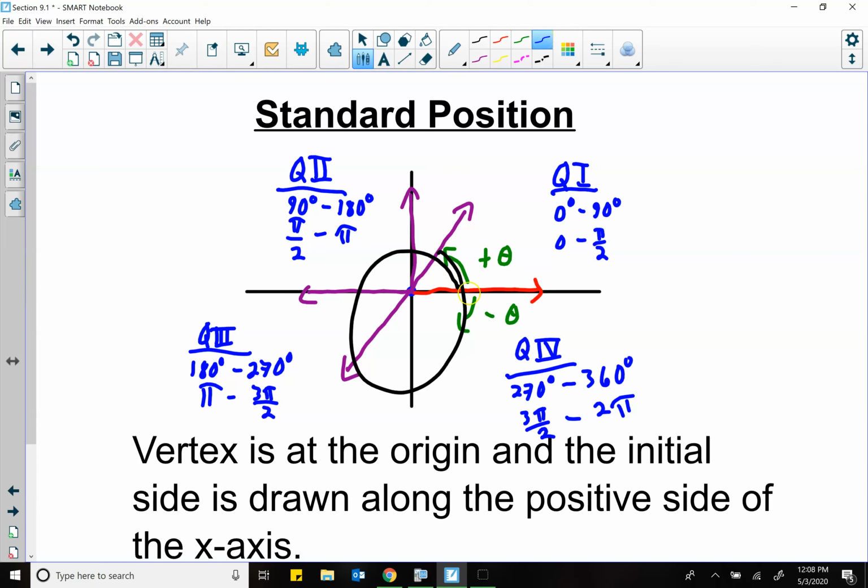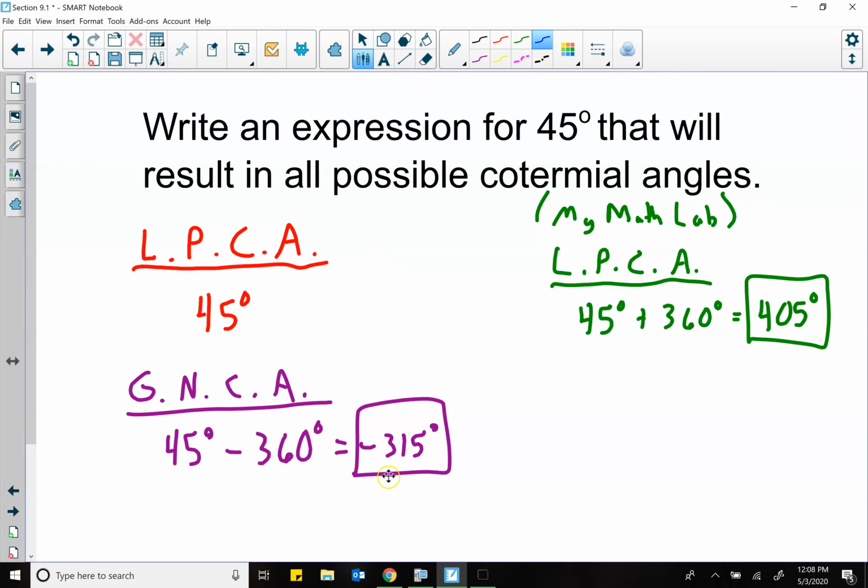Okay, and I rotated clockwise negative 315 degrees, I would end up right back at that same angle. So this blue circle represents that negative 315 degree rotation clockwise. Okay, so that would be the greatest negative because this number is between 0 and negative 360 degrees.